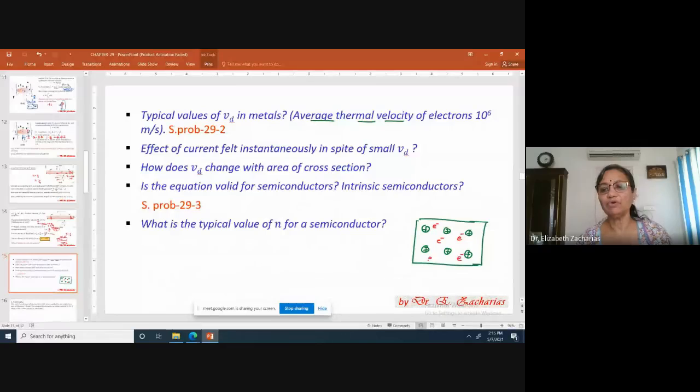They will not be bound to the ions. They will be drifting around. They will be moving around. That's why they are called free electrons. And these things which are sitting in their fixed places are sitting in what is called lattice positions. And these electrons are actually free electrons which are able to move around.